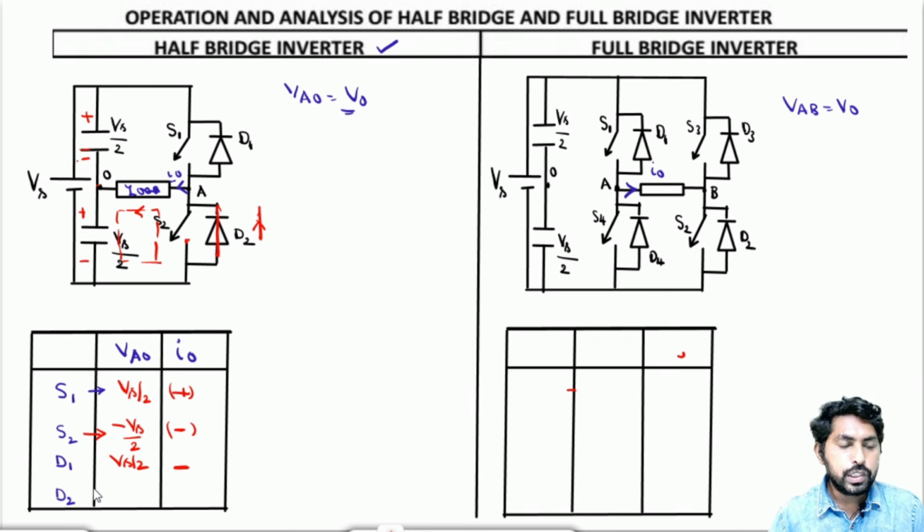So the current will be positive and the output voltage will be minus Vs by 2.